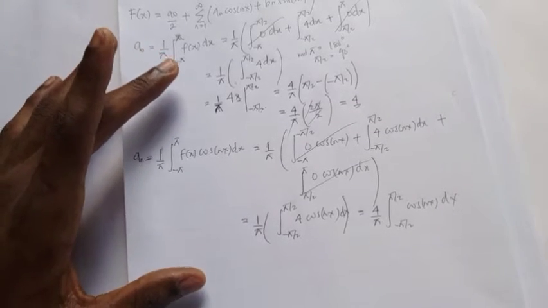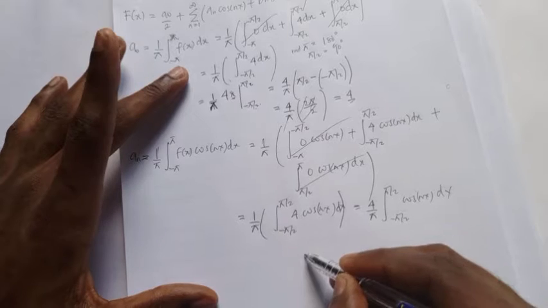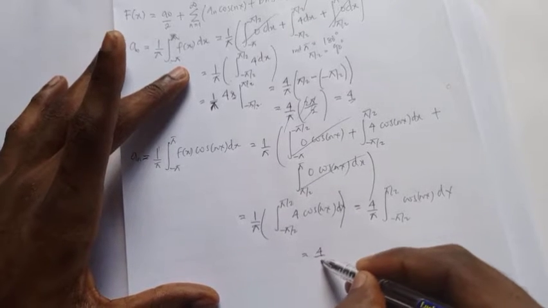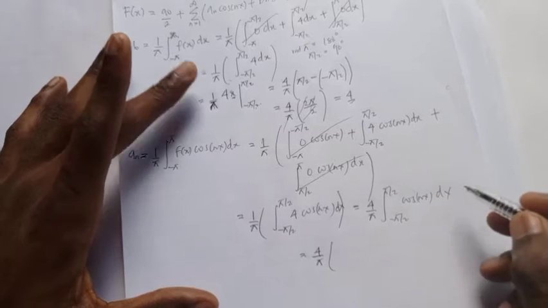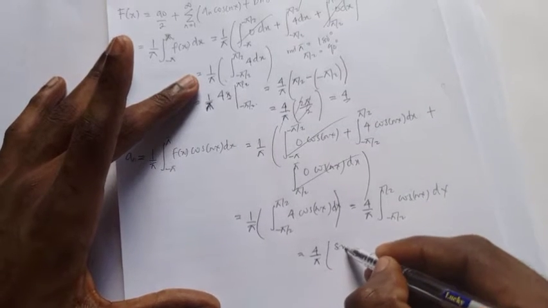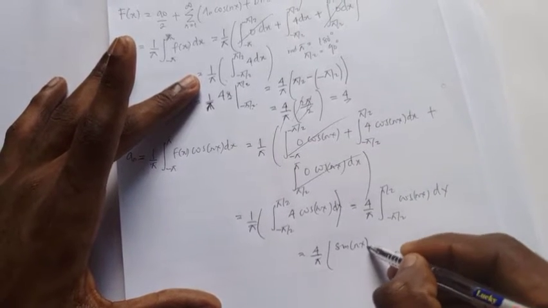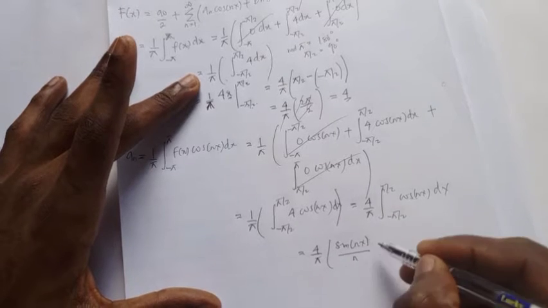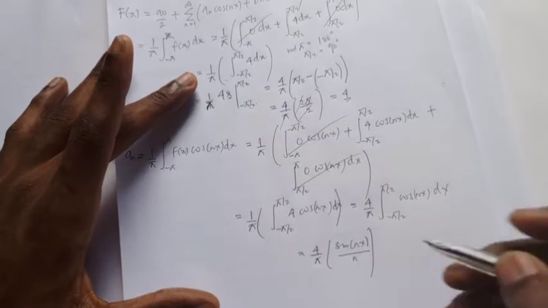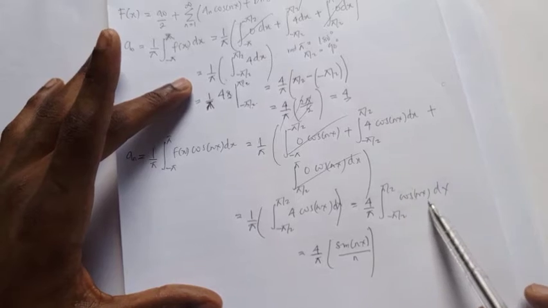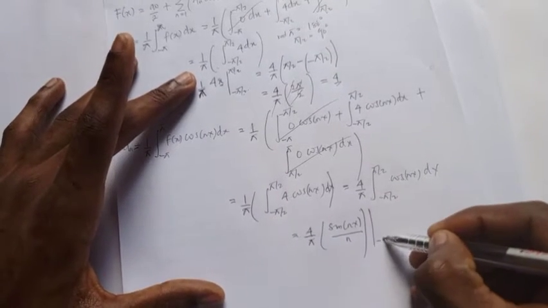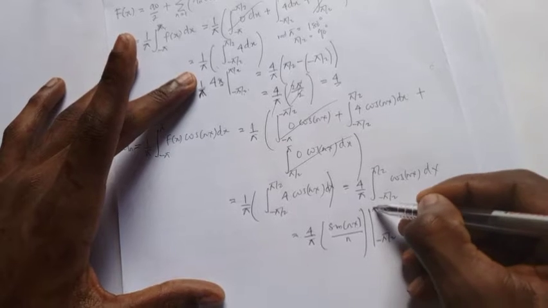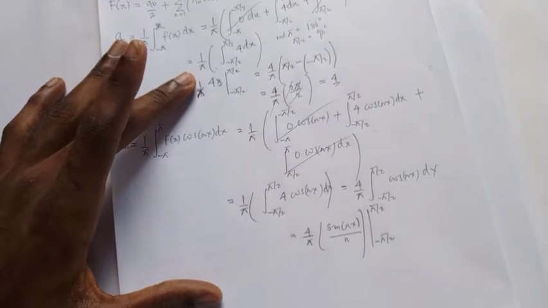Now if we integrate cosine of nx, we have 4 over pi into the integral of cosine of nx dx, which is going to give us sine of nx divided by n. So this is the value of the integral of cosine of nx, and of course the limit is from minus pi over 2 to pi over 2.